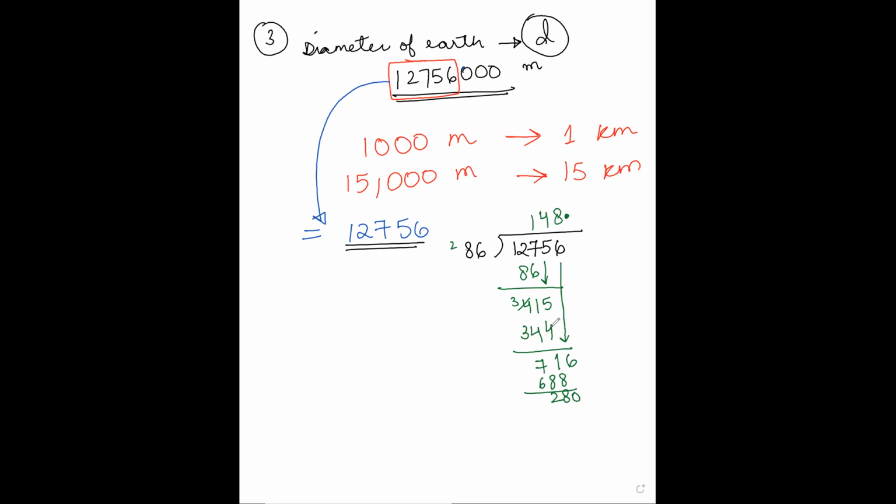Yes. Wait, how did you get 280? I did 716 minus 688, so I got 28. Fine. Then I put a decimal point over here. When you put a decimal point, you're supposed to put a 0 here.